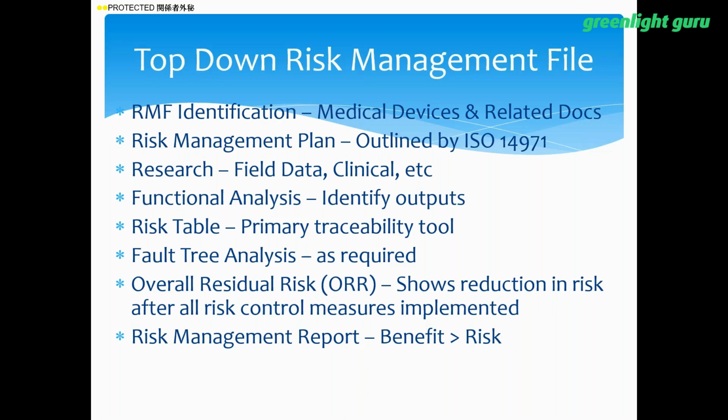What I mean by that is when you're doing your top-down risk management, you're going to be looking at all the potential harms that could occur as a result of the use of my device. To do that, you're going to do a lot of exploration, a lot of research based on what products you have already launched, what products your customers or competitors launched, what type of things you have seen out in the field, and whether you are monitoring clinical studies.